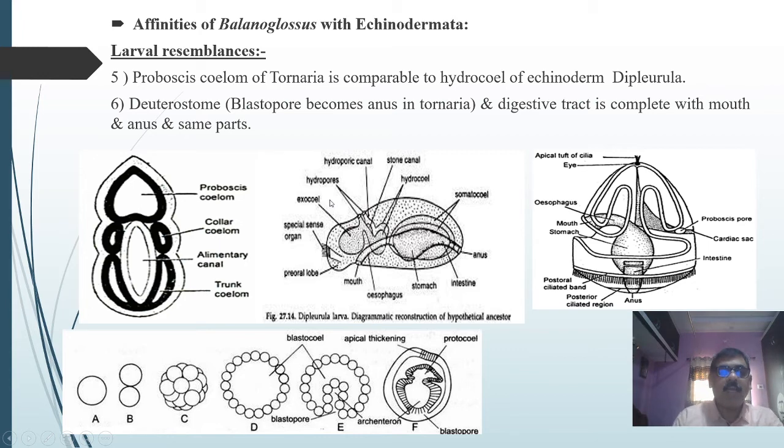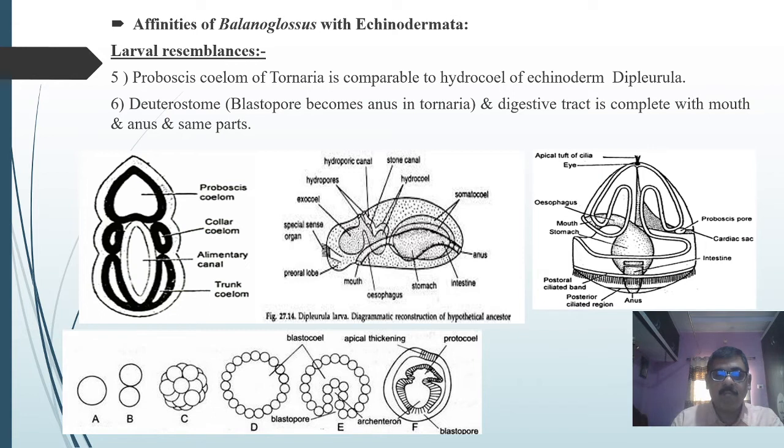And the next similarity is that both are deuterostomes. Deuterostomes means that after fertilization there is development from cleavage, and when invagination occurs, there is formation of the blastopore. This blastopore is an opening, and inside it there is a cavity, the archenteron cavity, from where the gut will develop. This opening develops either into the mouth or the anus.